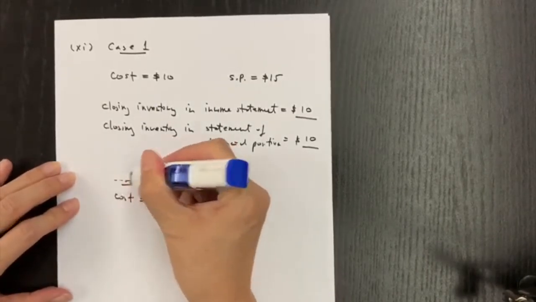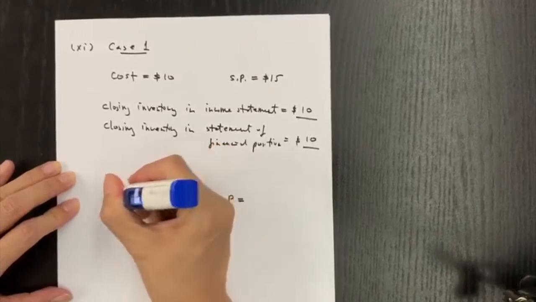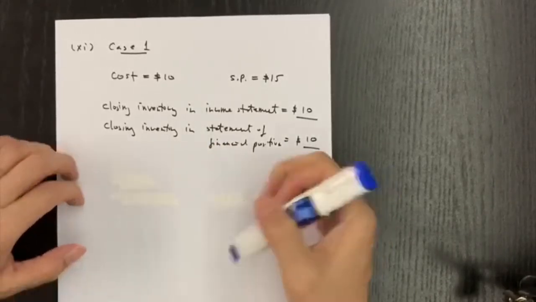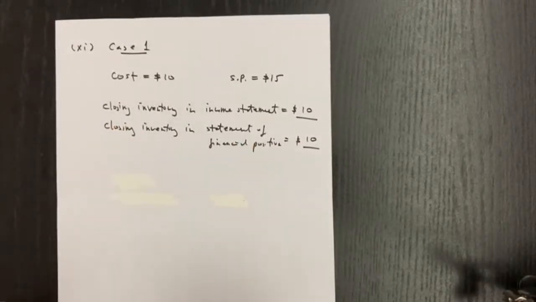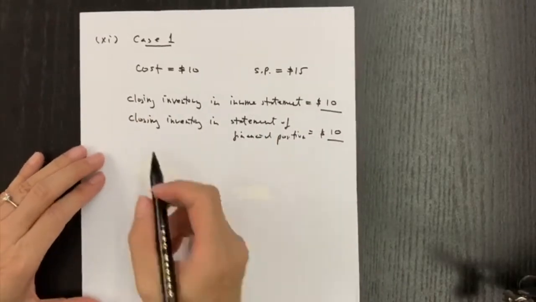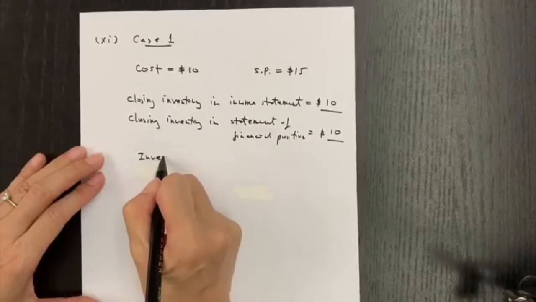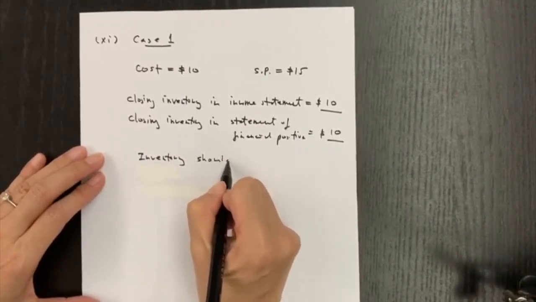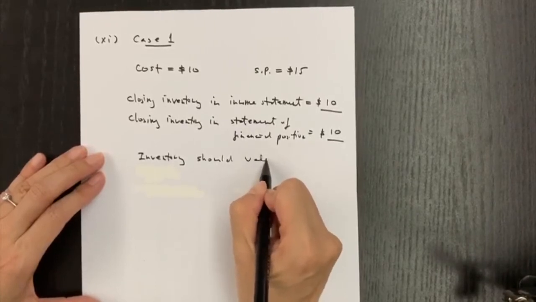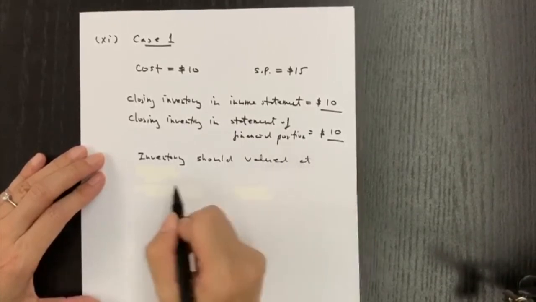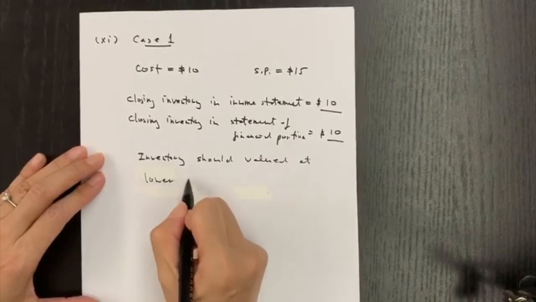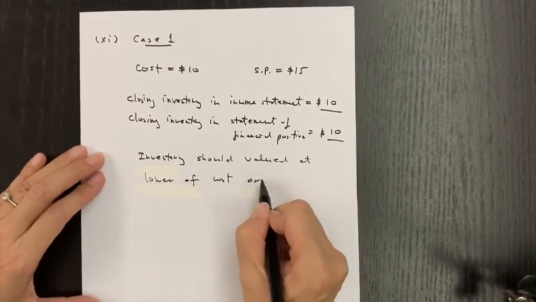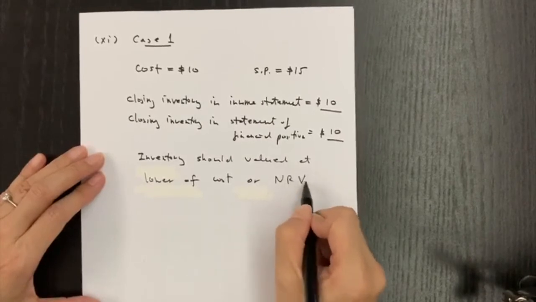Okay, so let me change to case 2, and we will look at case 2 later. We have this sentence about inventory saying that inventory should be valued at the lower of cost or NRV.